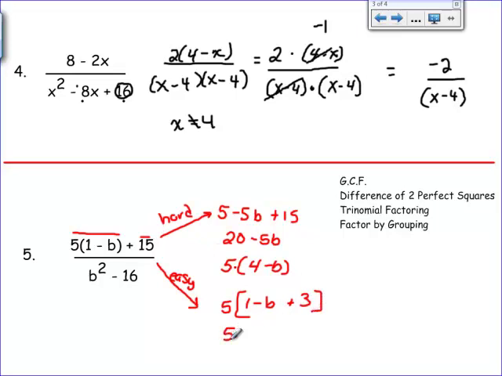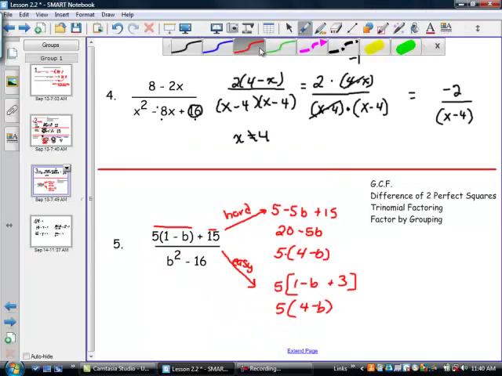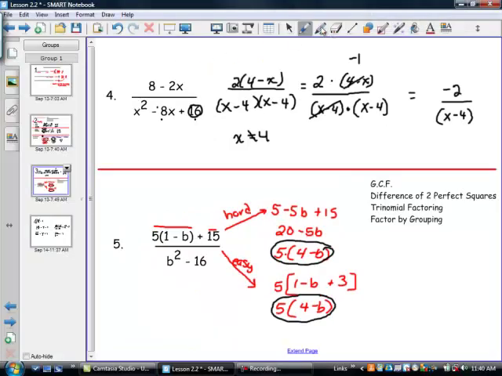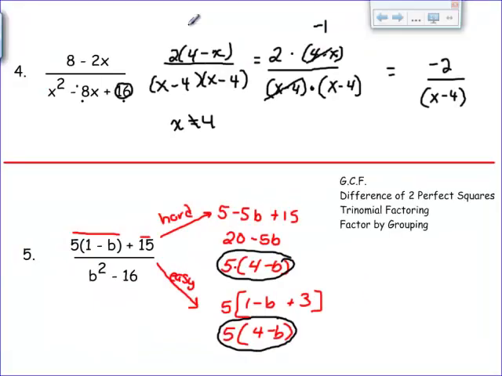Clean that up. 1 plus 3 is 4 minus b. I get the same answer. So who cares which way you do it? Whichever way makes sense to you, that's fine.